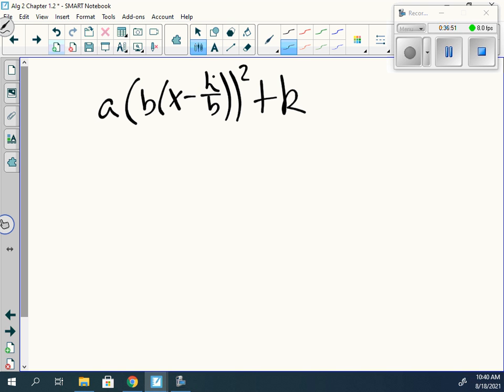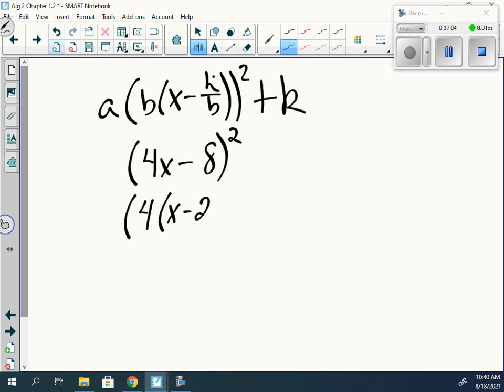Whatever this value is, if I want to know the true left and right movement, I have to factor the 4 out of it to really see that it's a left and right movement. It's a right of 2 with a horizontal stretch by a factor of 1/4.